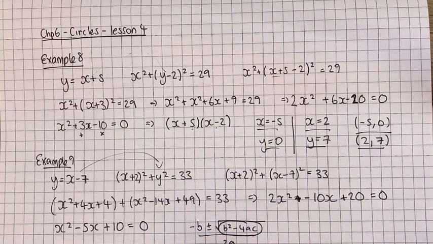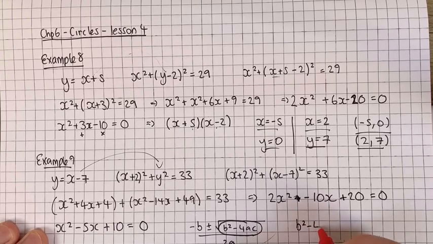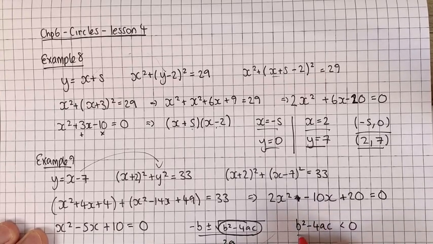Now, given that we're told to prove that it doesn't meet the circle, I know the discriminant is going to be negative because we cannot get a real solution to the square root of a negative, meaning there is no solution to this. If you try and put this into the equation solver in your calculator, it'll give you an error or just give you no solutions. But to prove it, we do need to prove that this is less than 0. That's what I need to show.